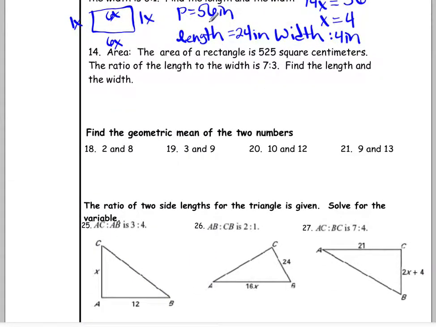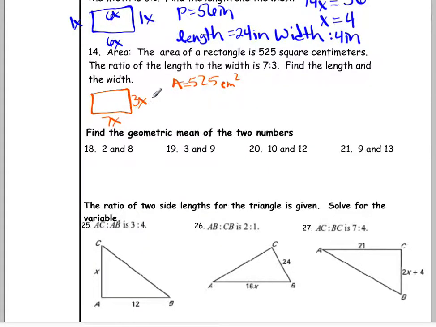The next one, they're talking about area. The area of a rectangle, which we know is length times width, the area is 525 centimeters squared. The ratio of length to width is 7 to 3, so 7x, 3x. Find the length and the width.